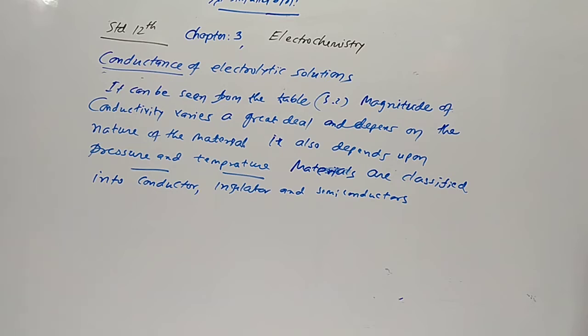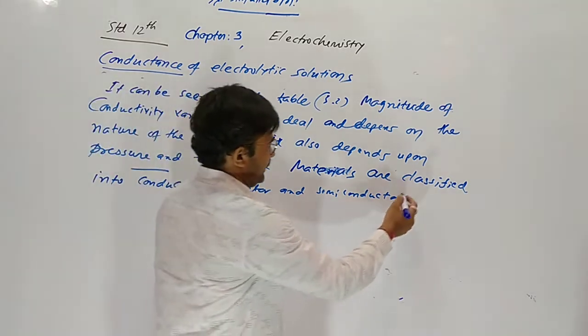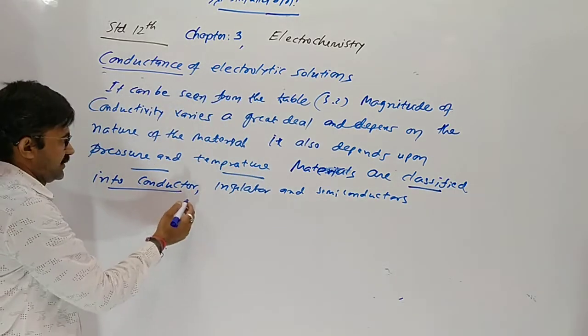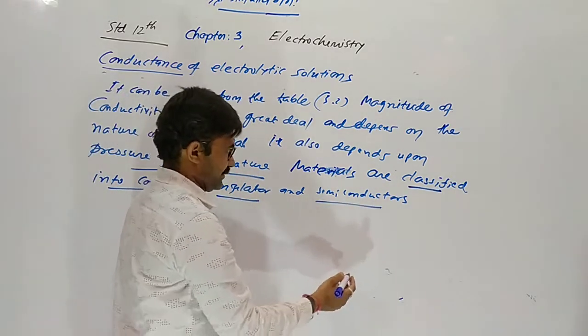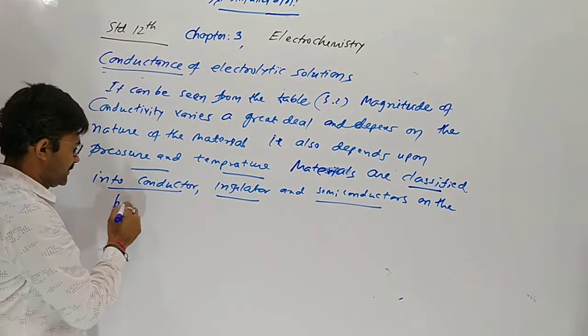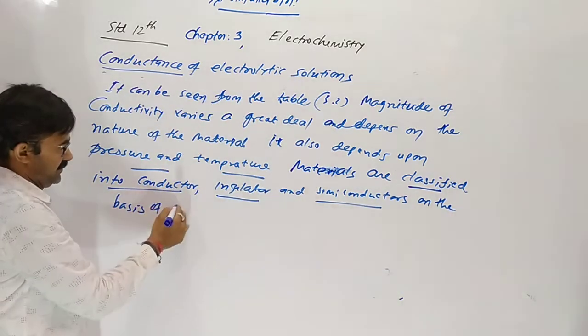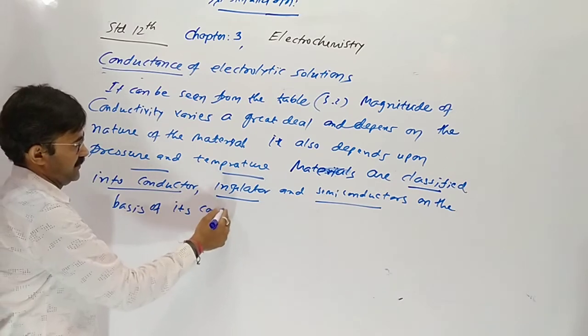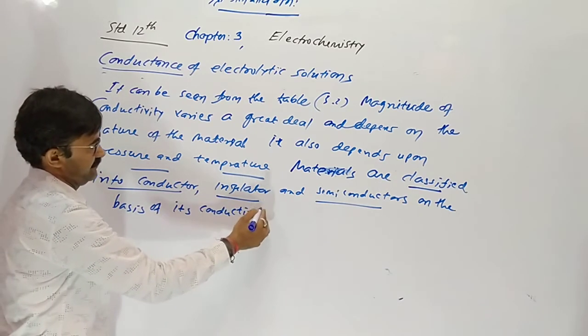Conductor, insulator and semiconductors, depending on the magnitude of the conductivity. Materials are classified into conductor, insulator and semiconductor on the basis of their conductivity.